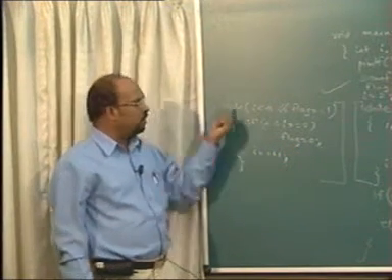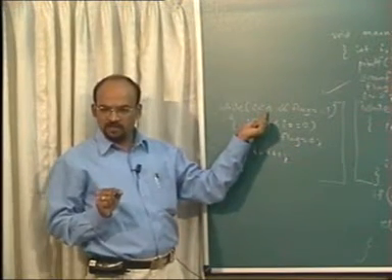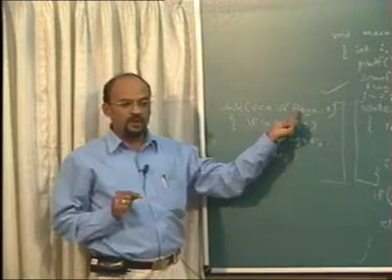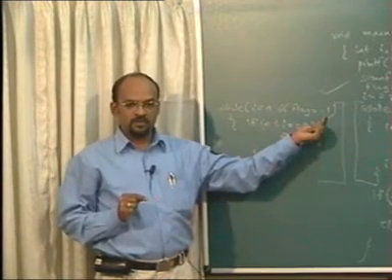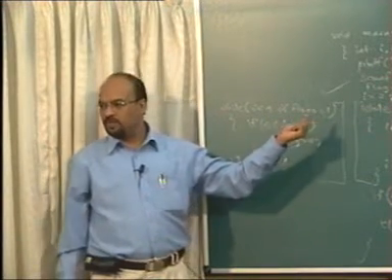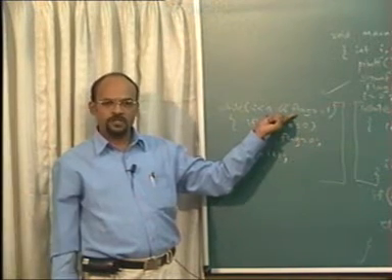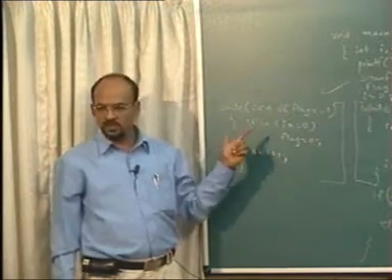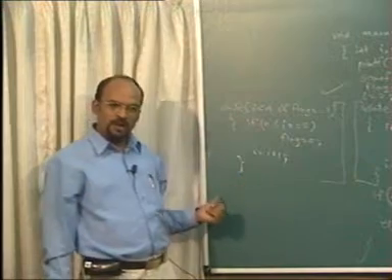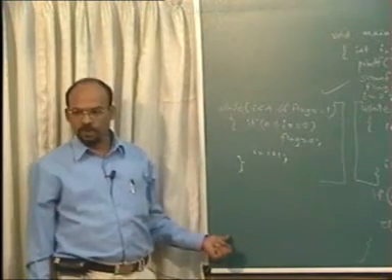Flag becoming 0, we go back. i is still less than n, but flag equal to 1 is false. So I don't divide by the next number, because then the condition for executing this loop will become false. True, false is false. We come out, flag has already become 0, we will say not prime.